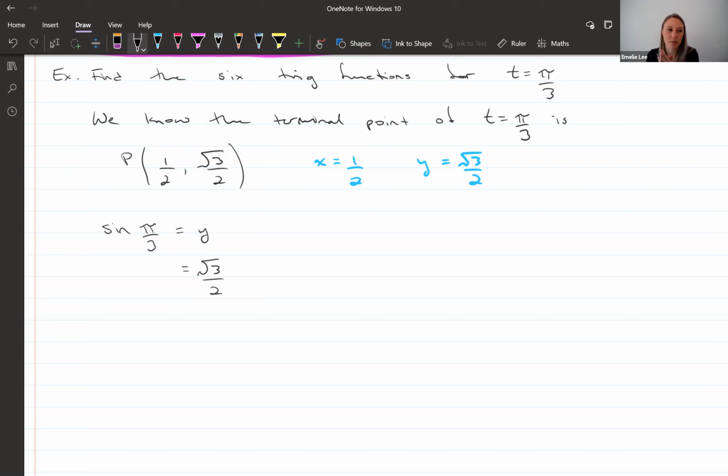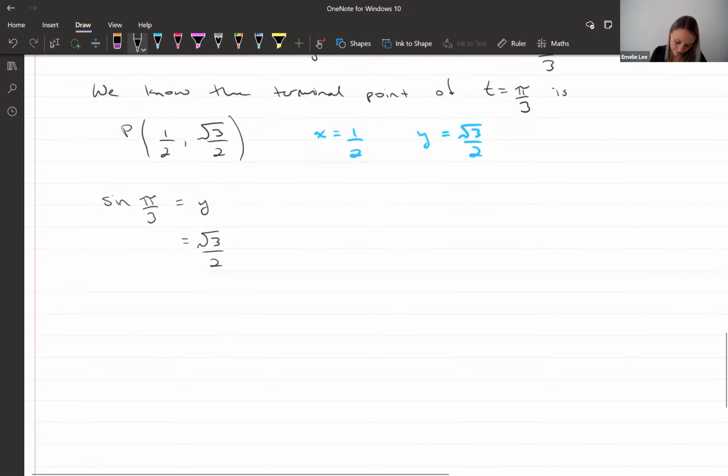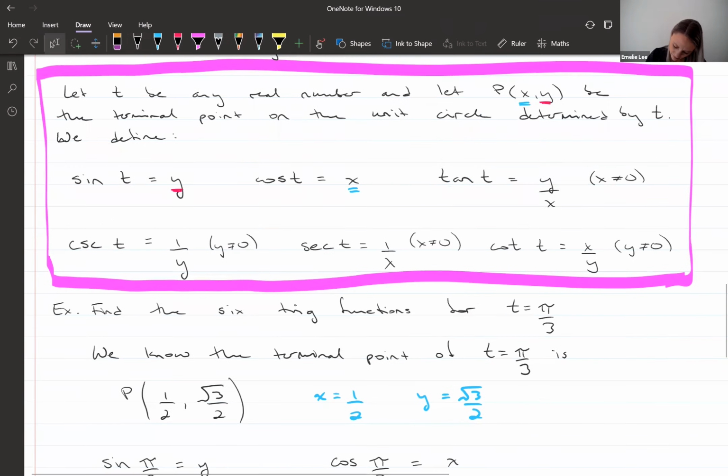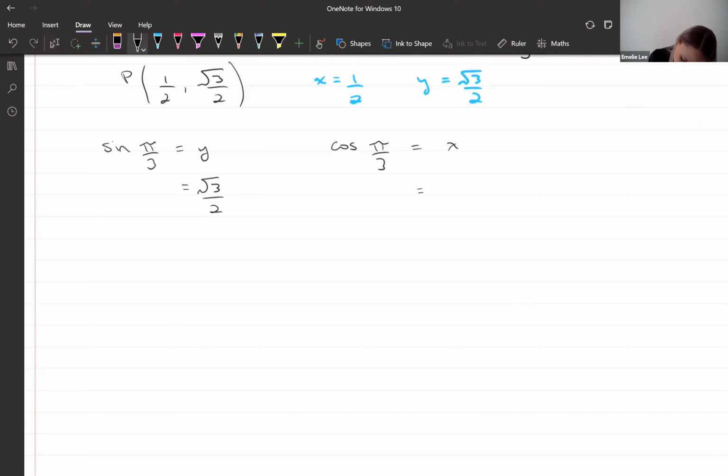You'll be in radian mode for this, and we'll get there. But for now, I want you to get really comfortable just using the unit circle to figure out what these points are. So sine of pi over 3 is y, which is root 3 over 2. Cos of pi over 3 is x, from up here. And so the x value is 1/2.